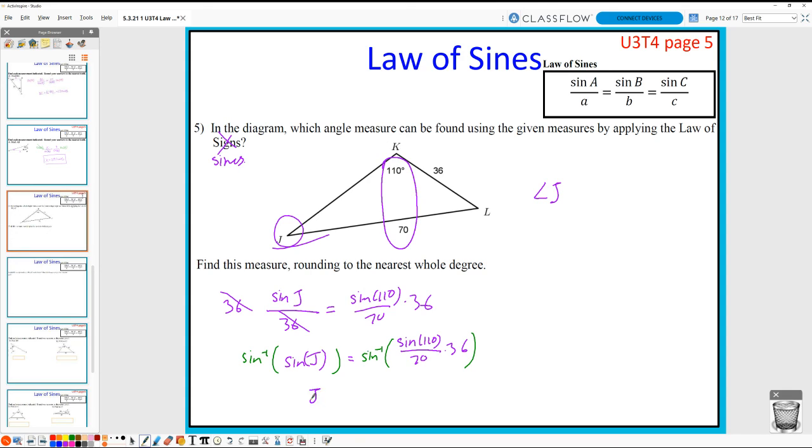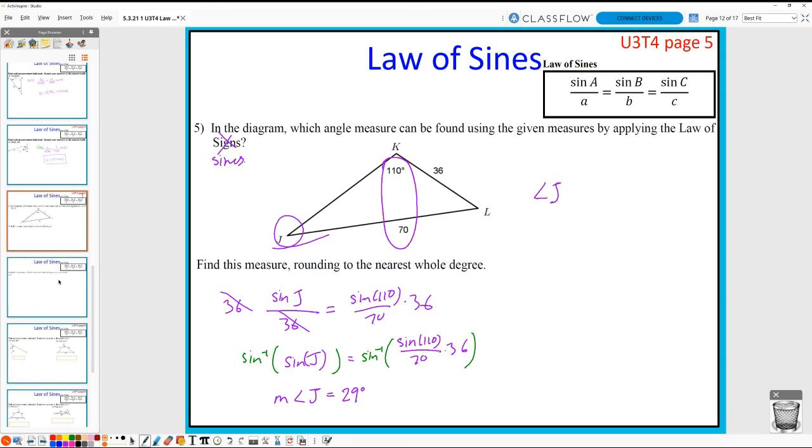So that means J, or specifically the measure of angle J, I have inverse sine of sine of 110 divided by 70 multiplied by 36. To the nearest whole degree, I have 29 degrees.